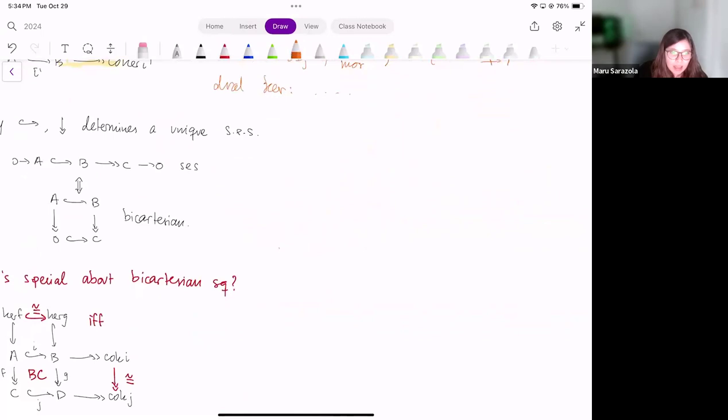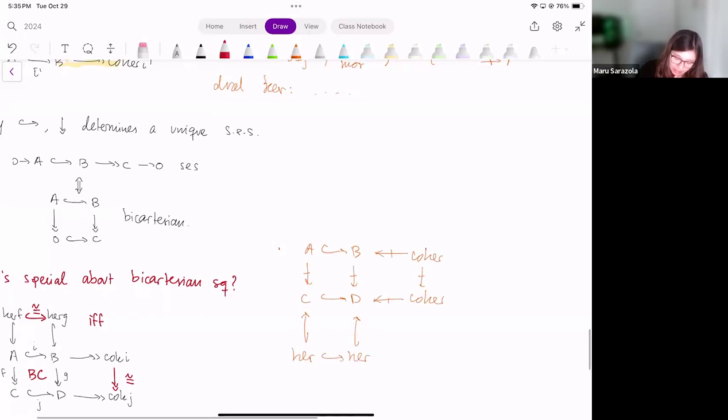So we're going to ask that whenever I have a square and I take its co-kernel in this direction, I get an induced map, or I take its kernel in this direction and I get an induced map, I'm going to ask that this is an iso if and only if this is an iso.